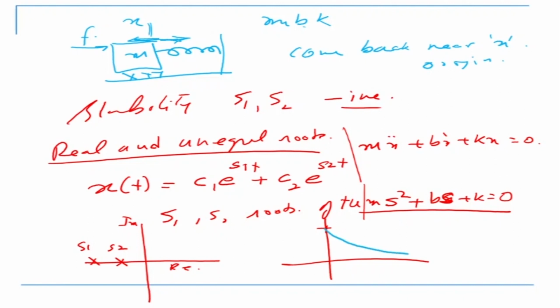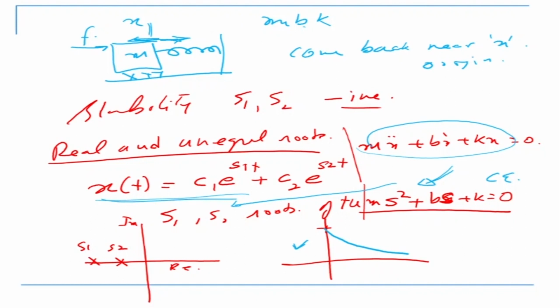From the equation of motion, we can find the characteristic equation. From the characteristic equation, we can find the roots. Depending on the roots, whether they are real and equal, real and unequal, or complex, we will get a particular kind of response. You can solve the equation with initial conditions.